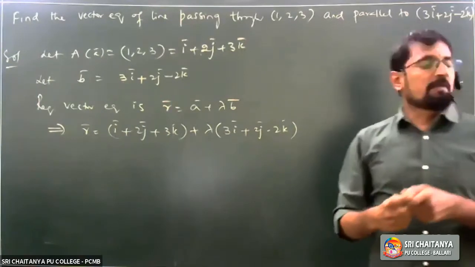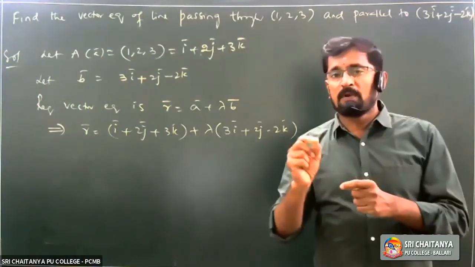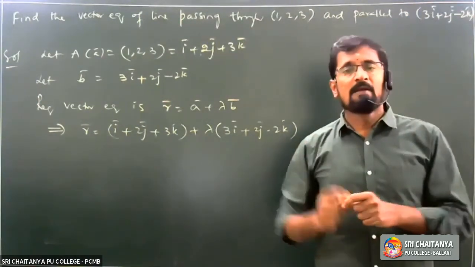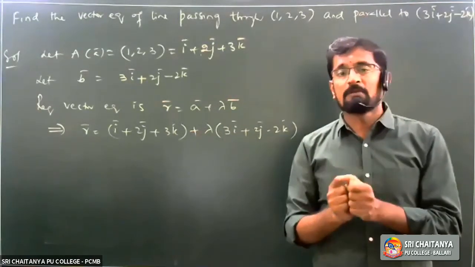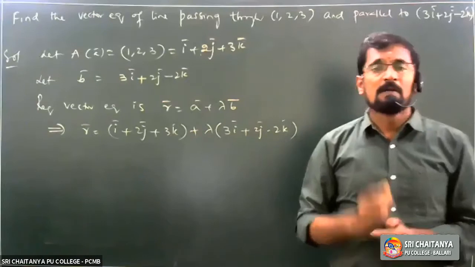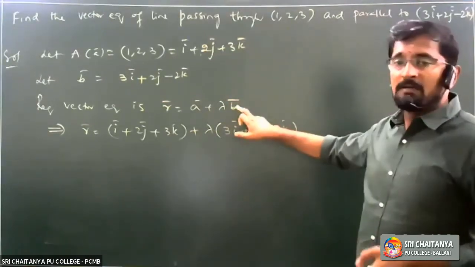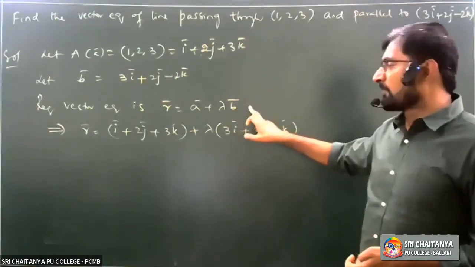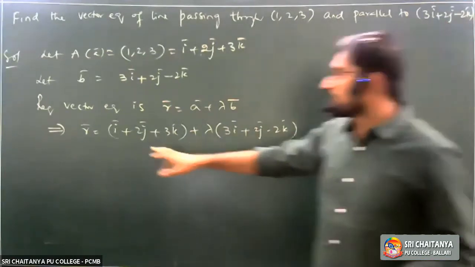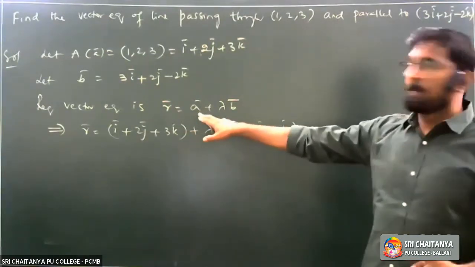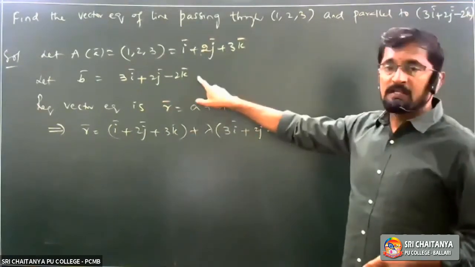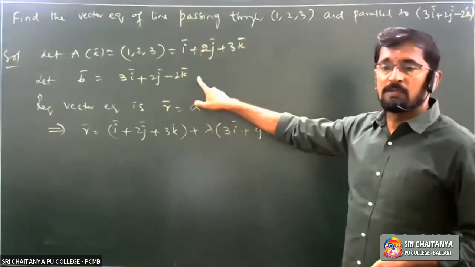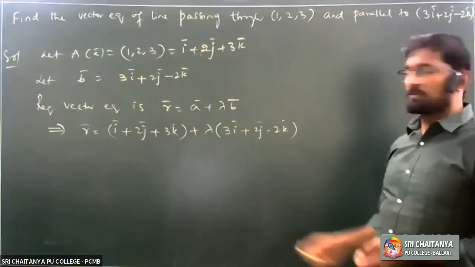The vector equation of line passing through one point A and parallel to one vector b bar is given by r bar is equal to a bar plus lambda b bar. So this is the theorem, the statement which we proved, right? r bar is equal to a bar plus lambda into b bar, which is 3i plus 2j minus 2k. I hope you understood this.